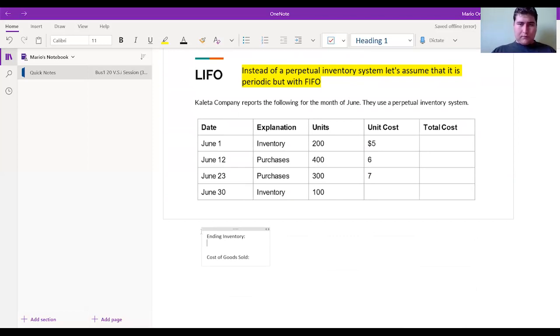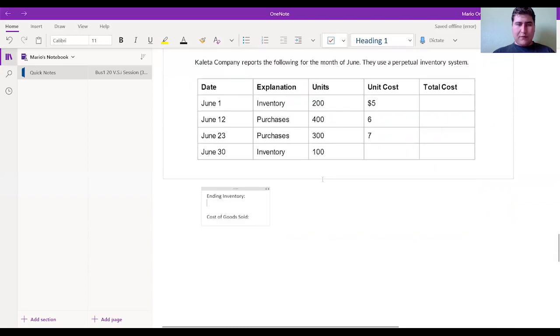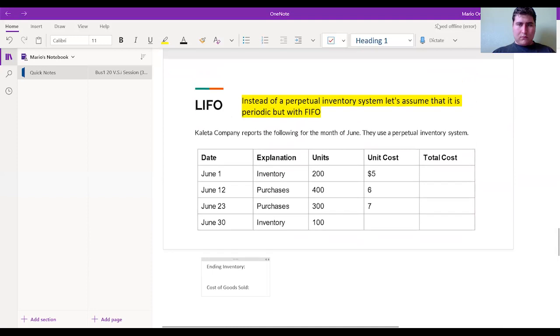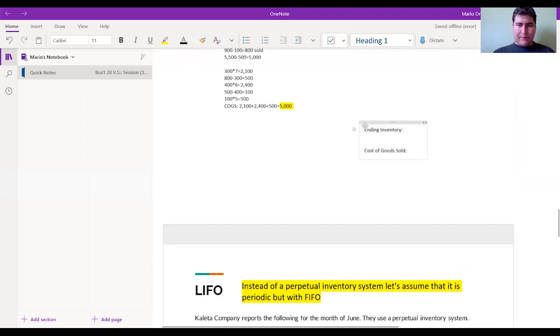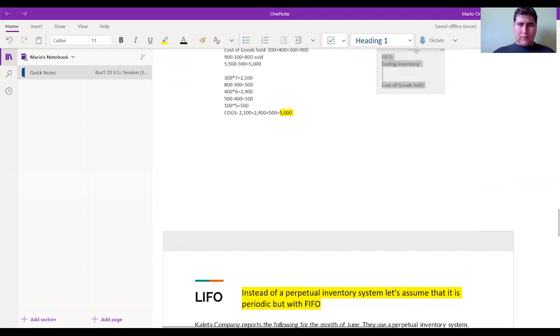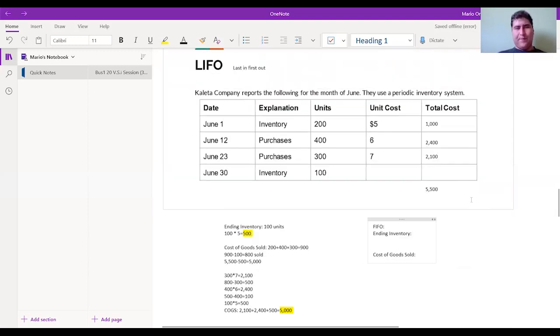So we've already got total costs right here. I'll move this up over here so we don't have to recopy the total cost. But remember, this one's going to be for FIFO. Okay. So first, our ending inventory.